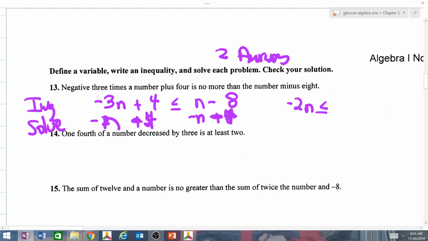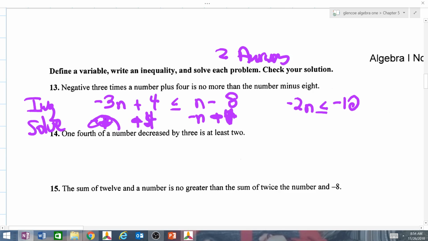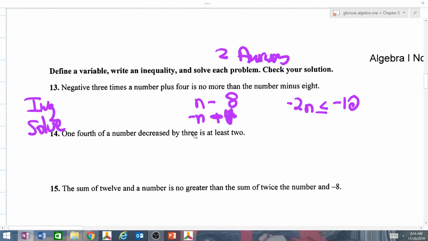Subtract 4 from each side, and you get negative 2n is less than or equal to negative 12. Is that correct? Okay, give me a minute. I'm so sorry. Let's try it again. Sorry for those that are listening. I will clear this up. I'm just going to start the whole problem over again. I do not want to confuse anyone.